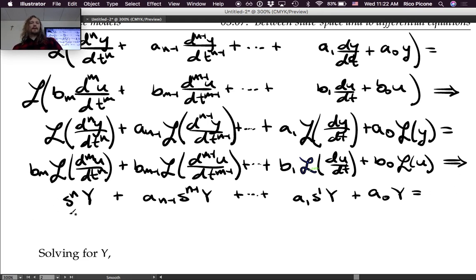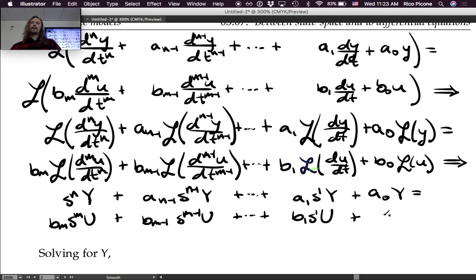Equals, on the right-hand side, we have b_m s^m, Laplace transform of the input, U, plus b_{m-1} s^{m-1} U plus b1 s to the 1, so just s, U, and finally b0 times s to the 0 U. So just that.